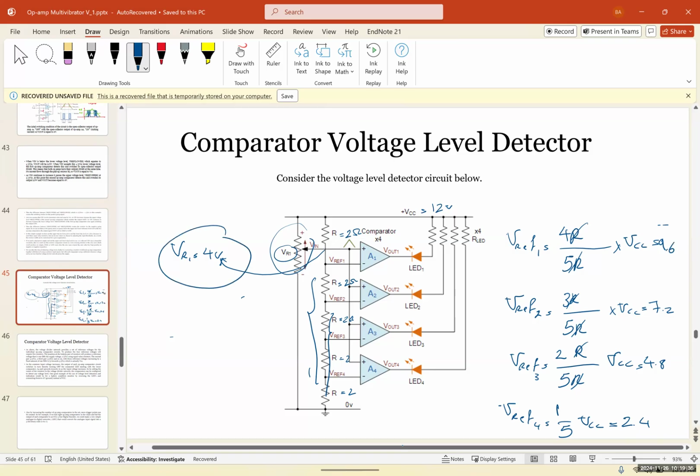So 4 volts is greater than V reference 4, but it's less than V reference 3. So only LED 4 would be turned on. One of the LEDs would be turned on, and the rest would be turned off.